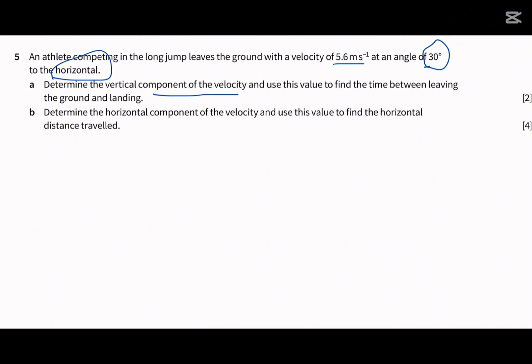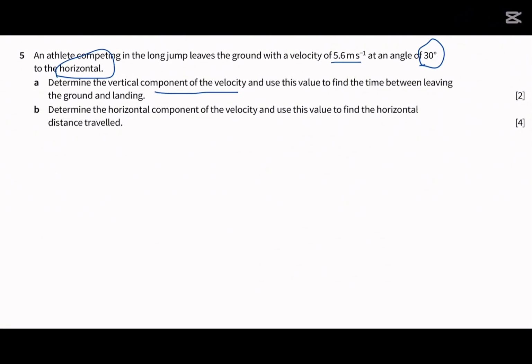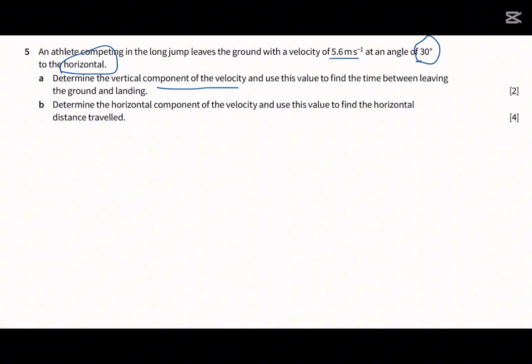landing. Okay, so let's draw a vector diagram for this. An athlete leaves the ground at a velocity of 5.6 meters per second, and it has an angle of 30 degrees to the horizontal line.